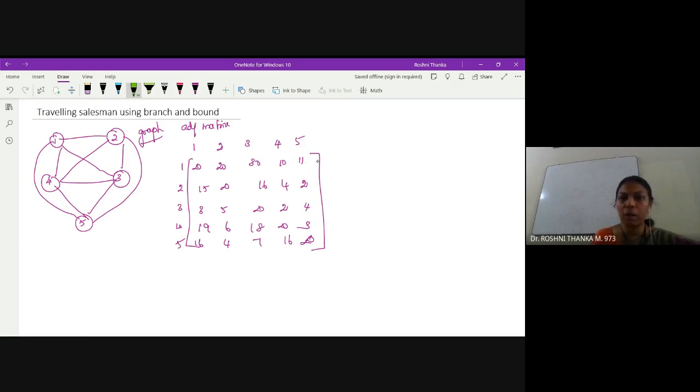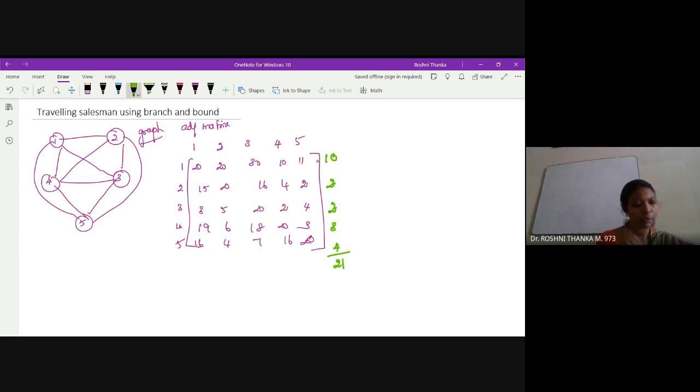Out of all, the minimum value is 10. In the second row, the minimum value is 2. In the third row, the minimum value is 2. In the fourth row, the minimum value is 3. And in the fifth row, the minimum value is 4. This is how we find the minimum value row wise. And the total cost is 21 in the case of rows.